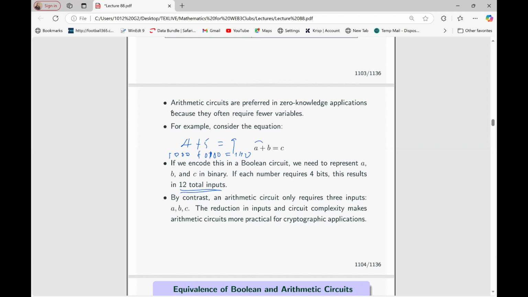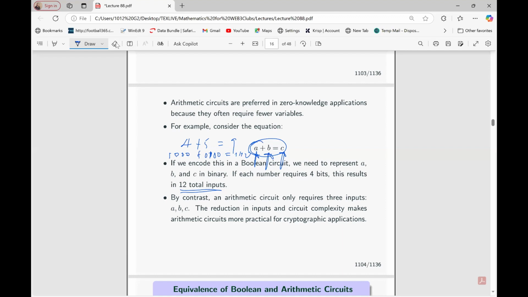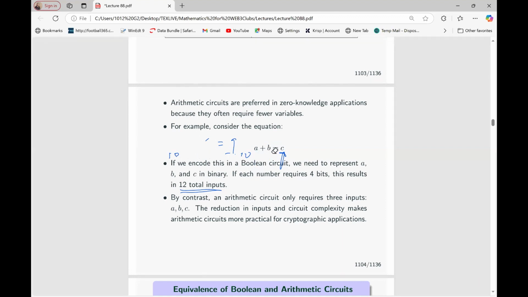But for the arithmetic circuit, you just have 3 inputs. That makes the computation very easy and straightforward. So this again is just an emphasis of the advantage of the arithmetic circuit that we'll be looking at, as we learn how to write arithmetic circuits for zero knowledge proofs.